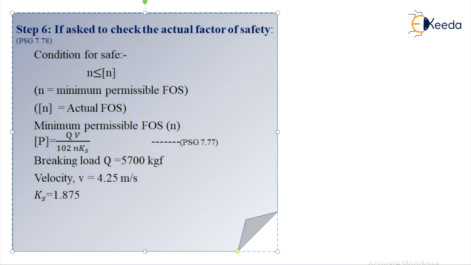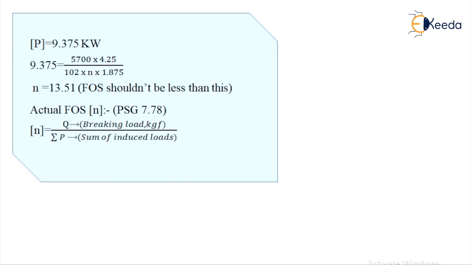P is equal to QV divided by 102 into N into Ks. The braking load Q is 5700 kgf, velocity V is 4.25 meter per second, and the Ks is 1.875. The value of P is 9.375 kilowatt.